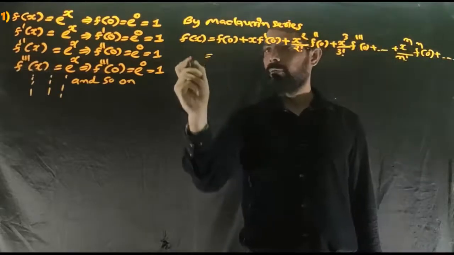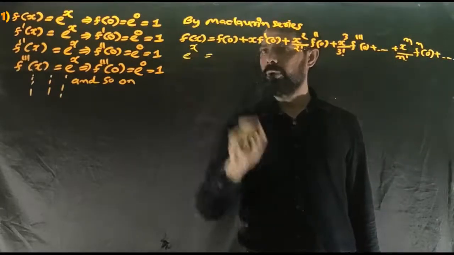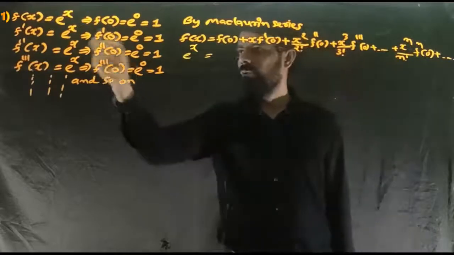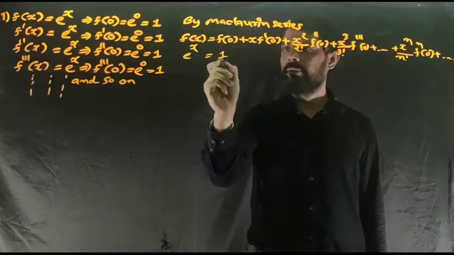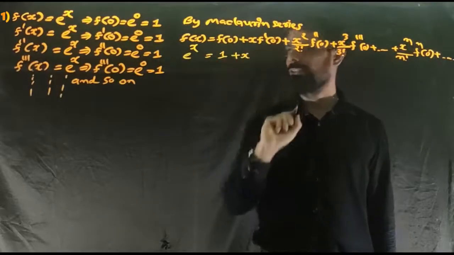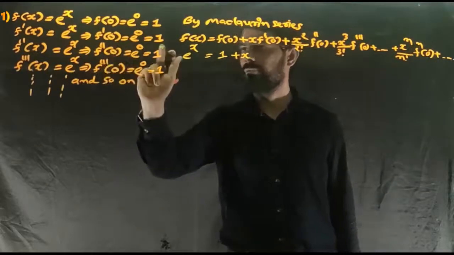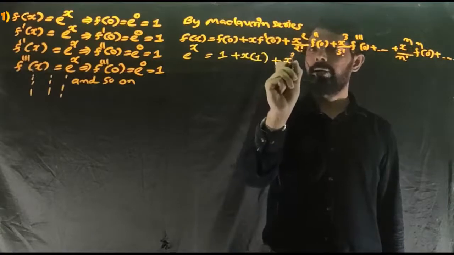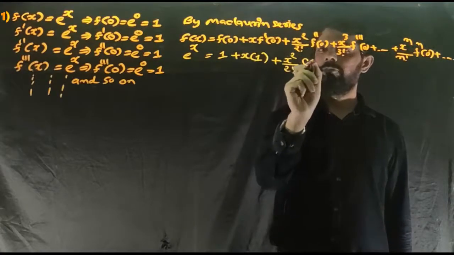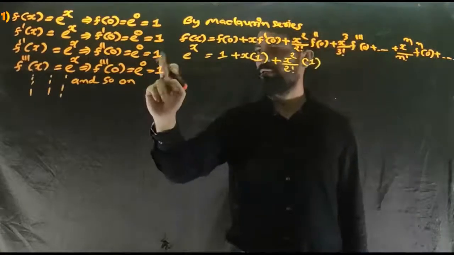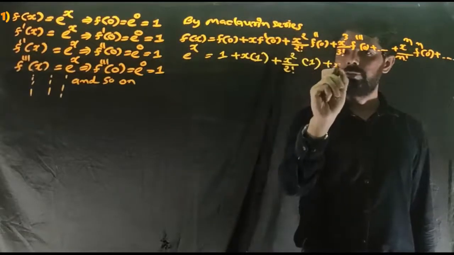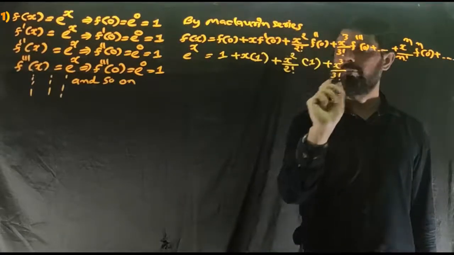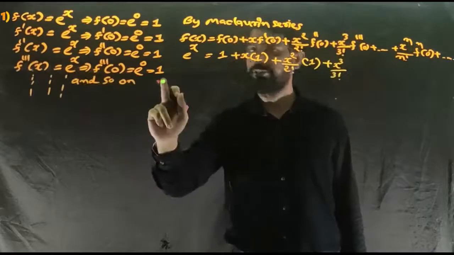So here what is f of x? It is e raised to x, and our value of f of 0 is 1 plus x into f dash 0, value of f dash 0 is 1, so here we will write down 1 plus x square by 2 factorial, value of f double dash 0 is 1, plus x cube by 3 factorial, value of f triple dash 0 is 1.